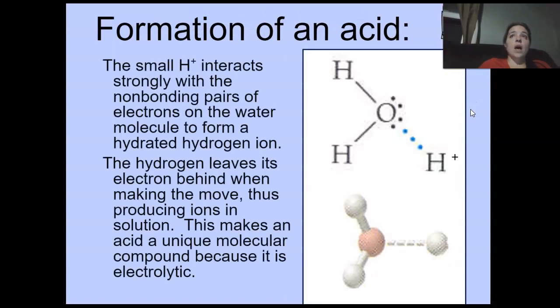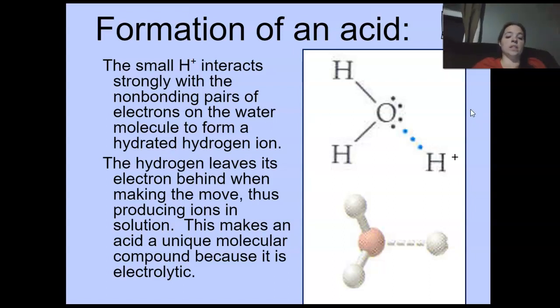So the small hydrogen ions interact strongly with non-bonding pairs of electrons on water molecules to form the hydrated hydrogen ion, hydronium. The hydrogen leaves its electron behind when it makes its move, and this produces the negative ion in solution.